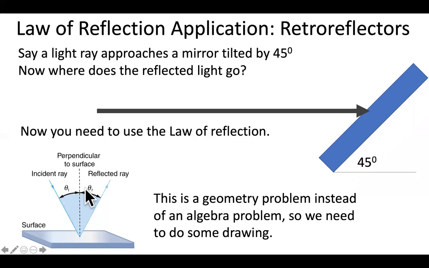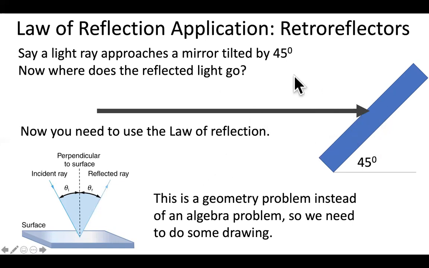This theta I and theta R are the same number. Most of the time when you get a problem like this, that's all it's asking. The reason these problems can sometimes be challenging is because you need to be able to figure out what these are in terms of what you're given in the problem.